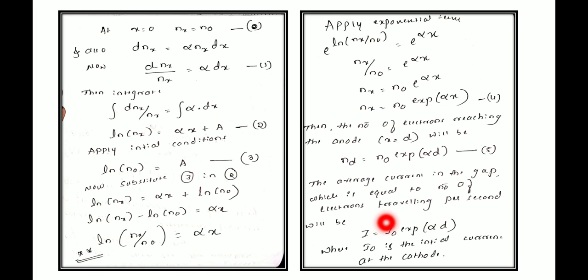This I naught indicates the initial current at the cathode. So by this equation we can calculate the amount of current flowing between the electrodes. Getting my point? I hope this is clear to all of you. Okay. Thank you.